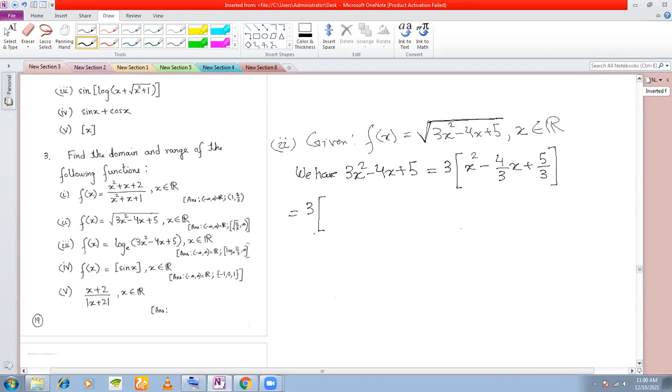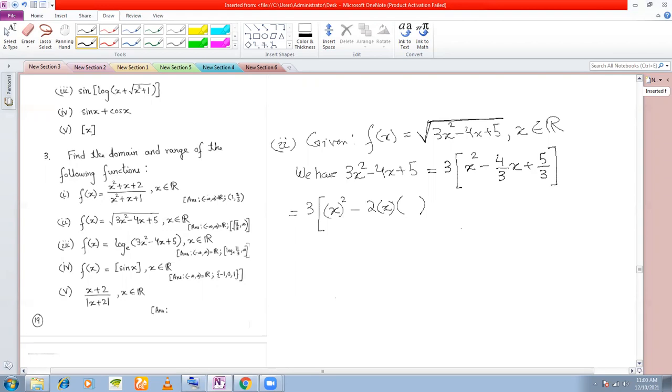Now we are going to express the expression within this bracket as a perfect square. So I already have an a square here, minus 2ab. What should be b here?